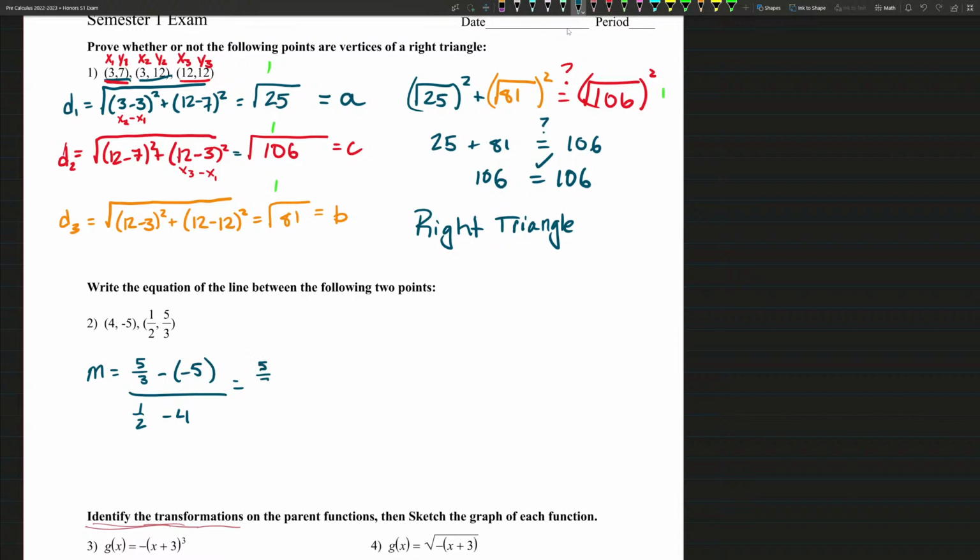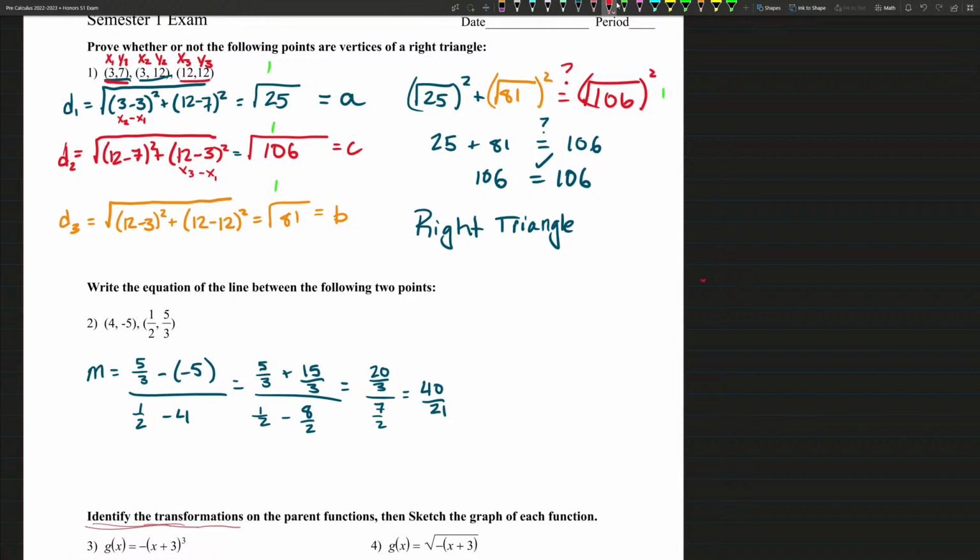So we get 5/3 plus 15 over 3, over 1/2 minus 8/2. So that's 20/3 divided by 7/2, which is 40 over 21. So that's our slope.